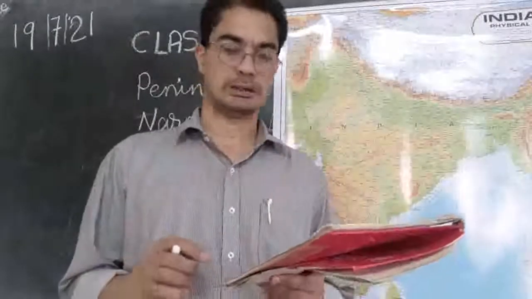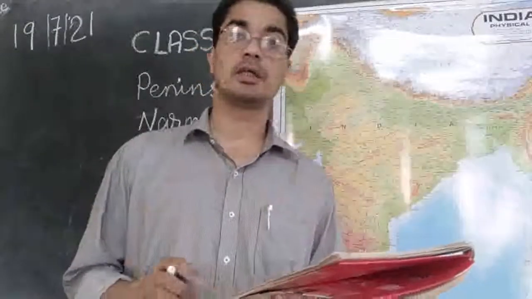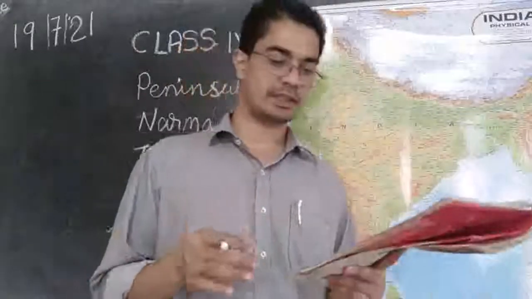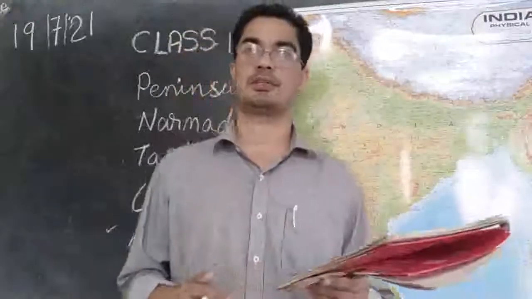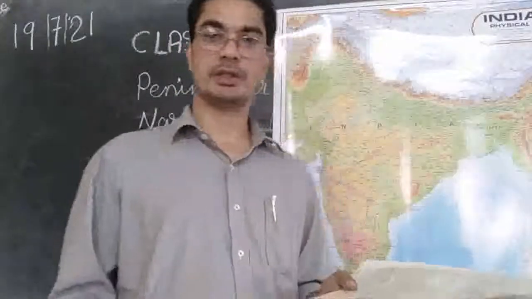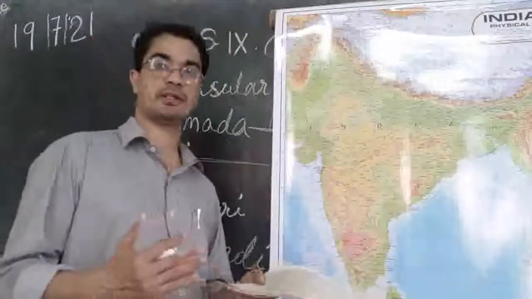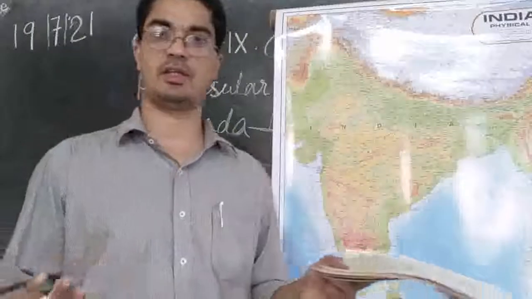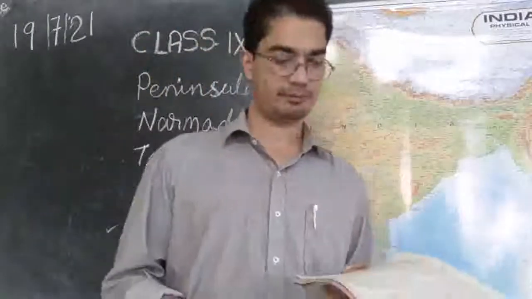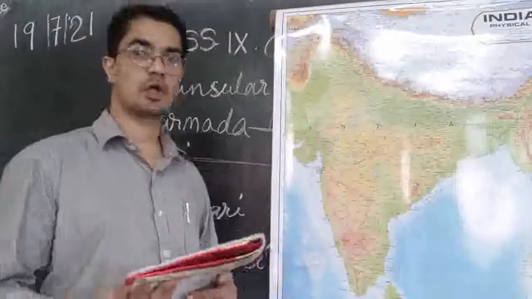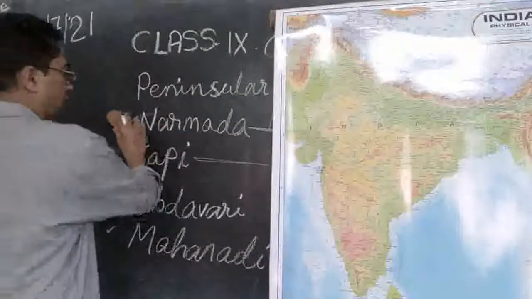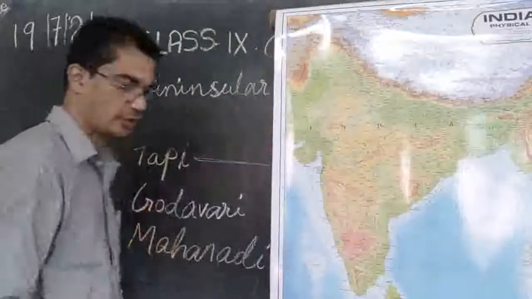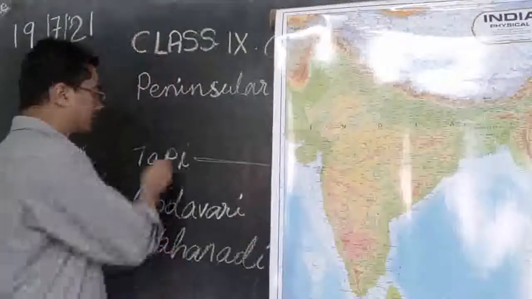So that is the greatness of this great Nadi, Mahanadi. Now another one is called Krishna. This is the name of the Hindu god Krishna. The river also has the same name.